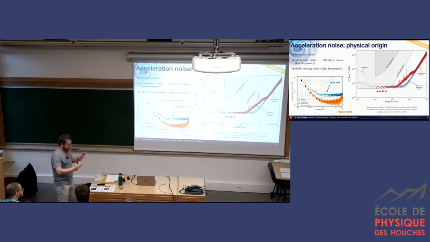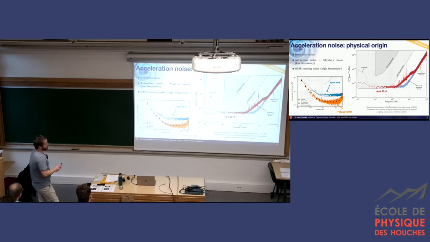But these electrodes on this axis are also used for rotating the test mass because we want it to be aligned with the inner walls. And this voltage you apply can have some noise and then lead to some force noise at low frequency. So part of this is due to that. Part is not understood. So it's part of what you call mystery noise. We have budgeted that for LISA, but it's still not perfectly understood.